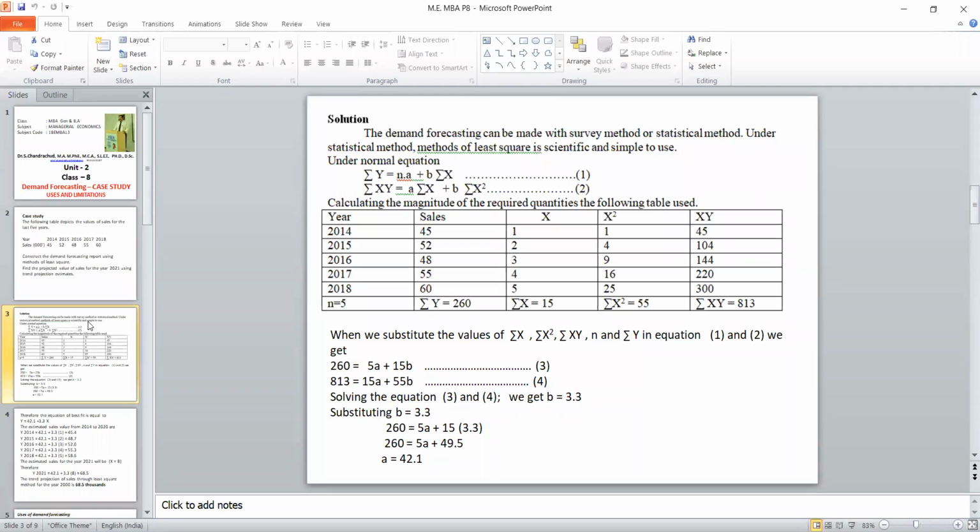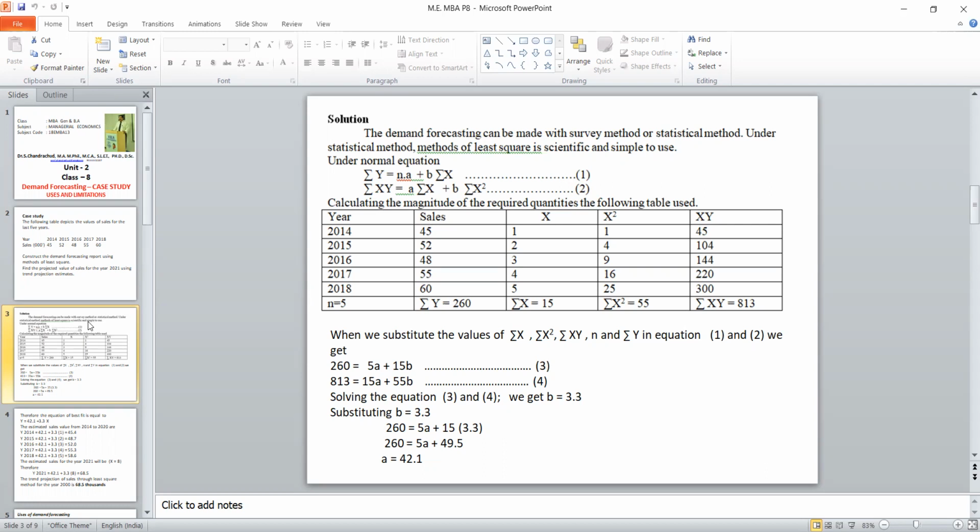Then what is summation x? Now we start with how we use this least square method. Keep the first year as 1. That is, 2014 we consider as the first period. Then 2015 is the second period, so the weightage will be 2.